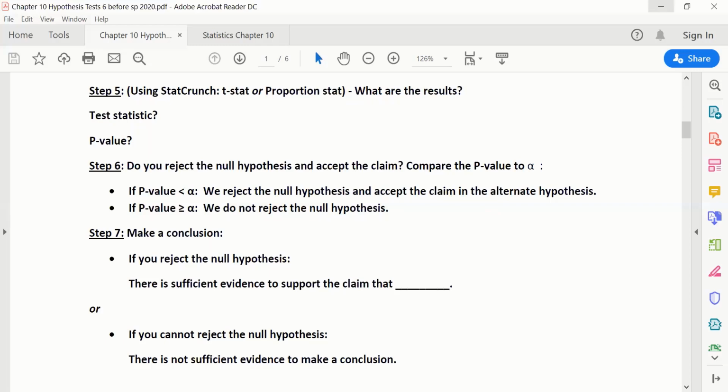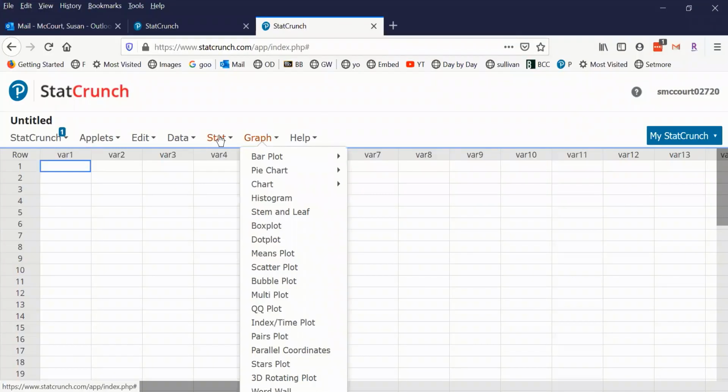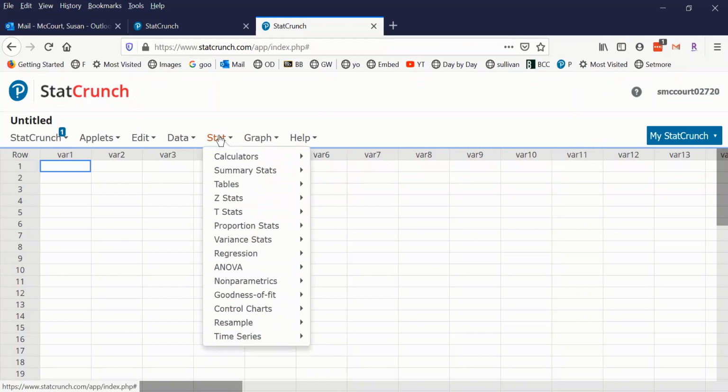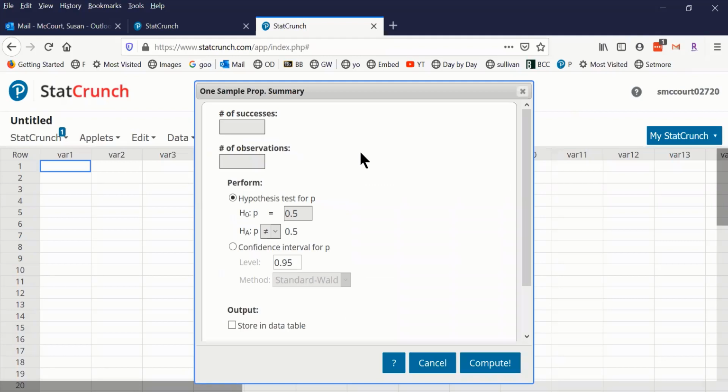Okay, so we go into StatCrunch, proportion stats. Now can you see it? Okay, sorry. So we go into StatCrunch, proportion stats, 1 sample with summary. So this looks the same as when we did the confidence intervals.